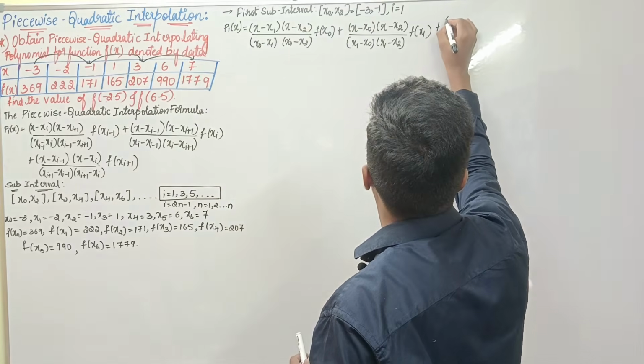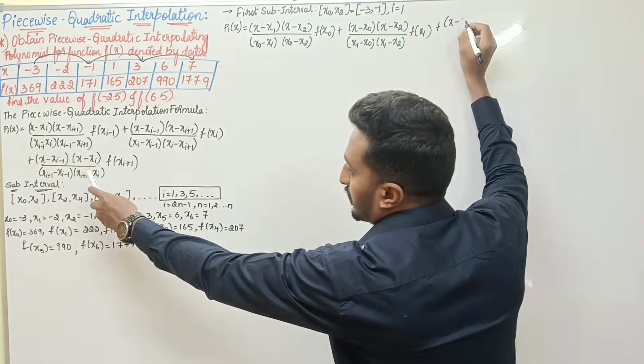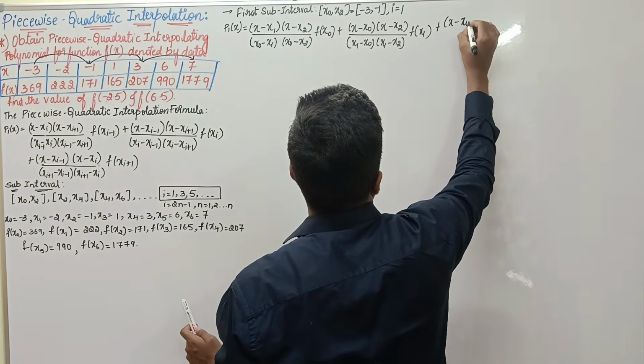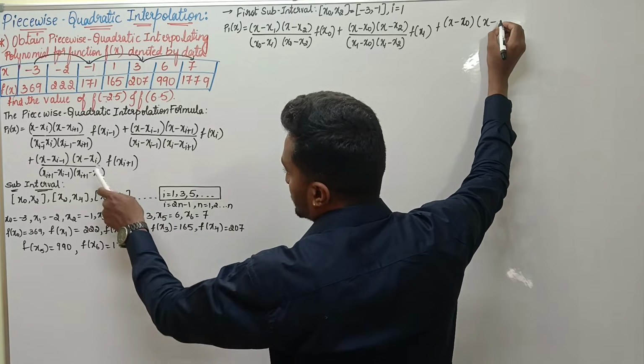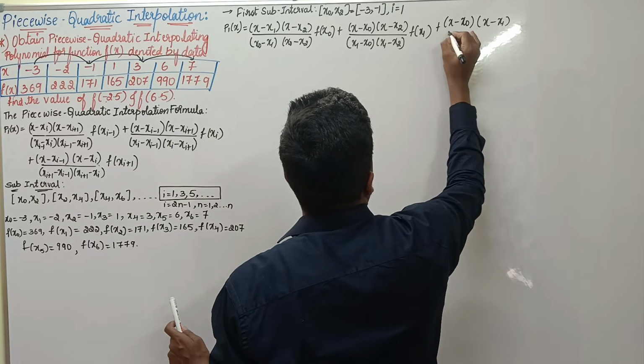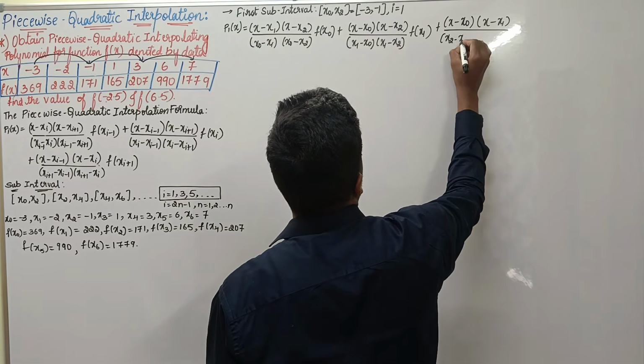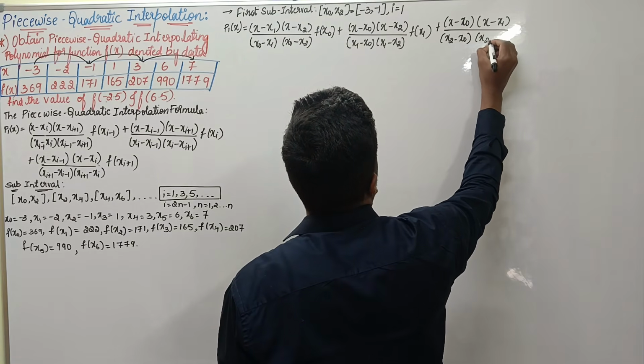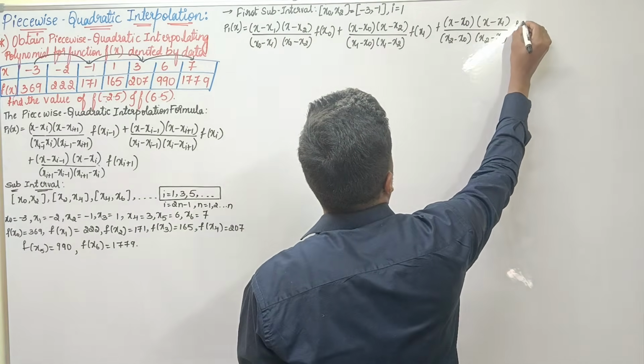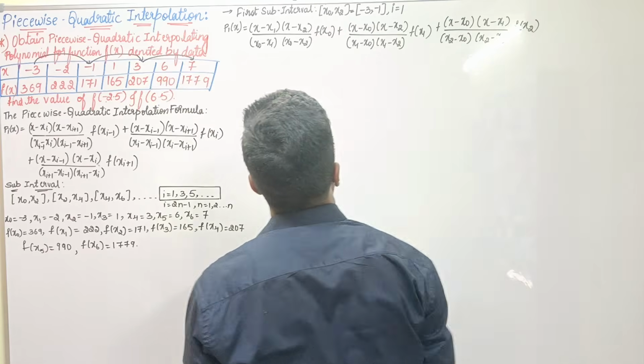Now plus (x minus 1 minus 1, 0) into (x minus xi, that is 1) divided by (1 plus 1, 2), x2 minus x0, x2 minus x1, into f of x2.